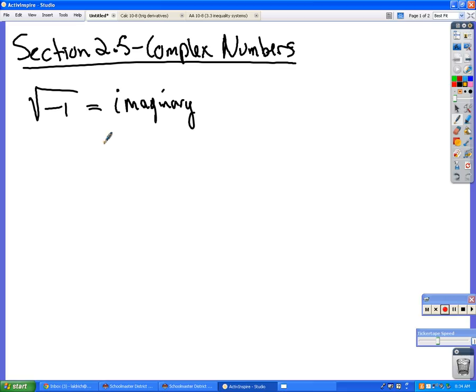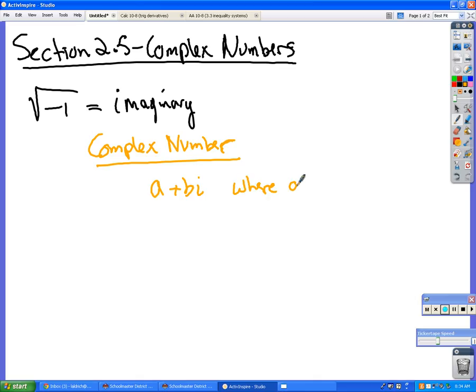Okay, well, a complex number is any number of the form a plus bi, where a and b are real numbers.